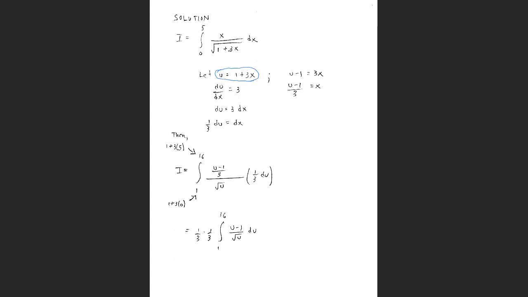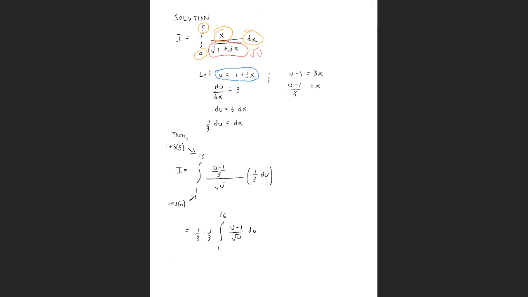And so now, this part here, the square root of 1 plus 3x, becomes the square root of u. Okay, well, what's left then is the x and the dx, but also the limits have to get changed because these limits are x limits. We're going to need u limits.